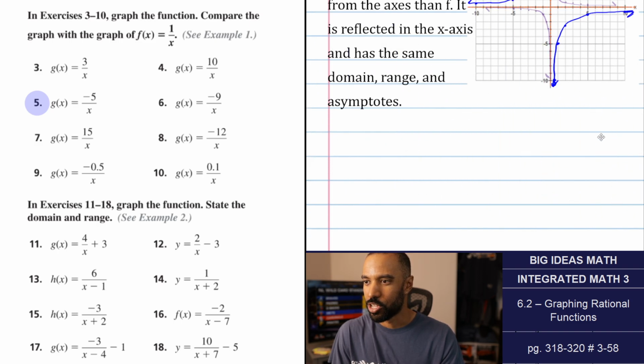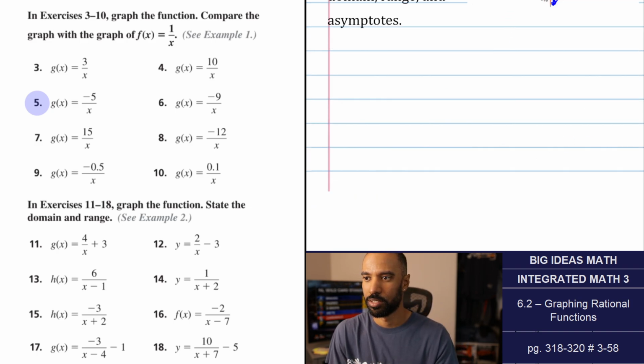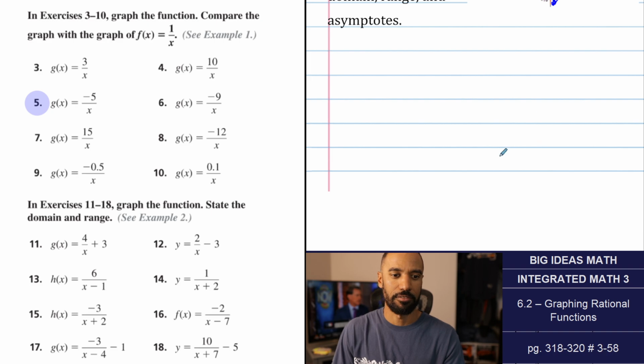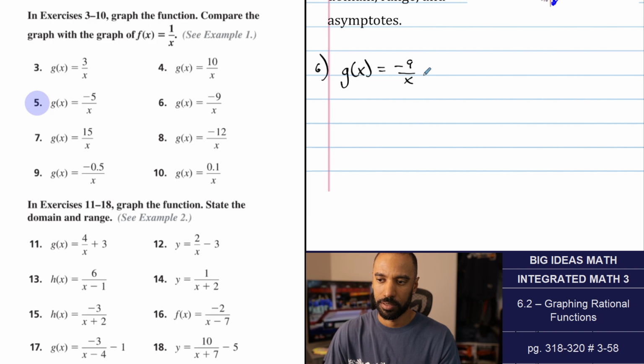All right. So, number 6. We have g of x equals -9 over x. Let's go.